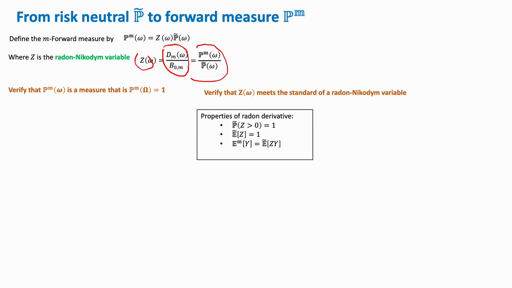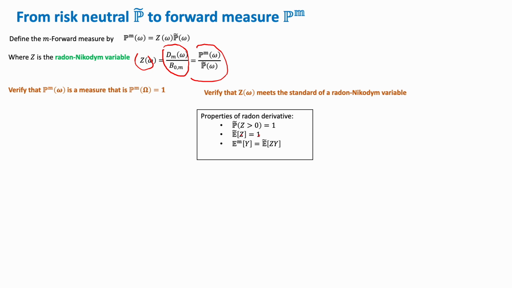This Z means the standards. And what are the standards? Well, the expected value of Z needs to be 1. At least the probability that Z is positive is 1. The expected value of Z is 1.